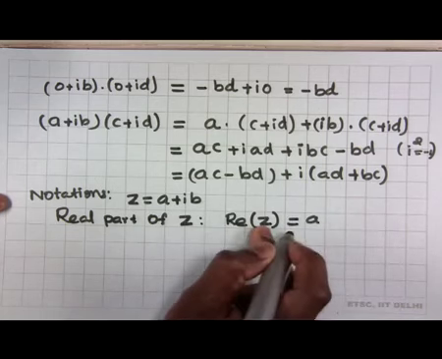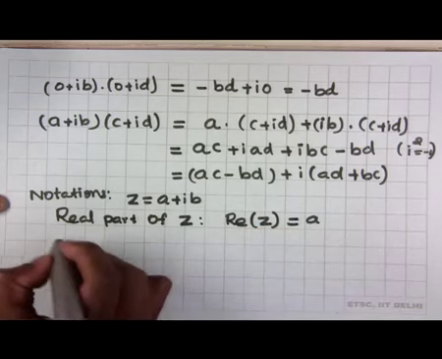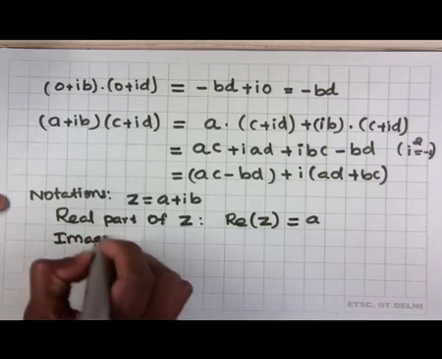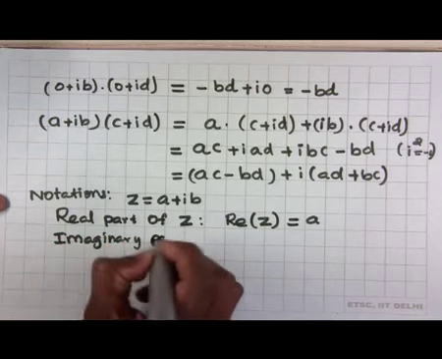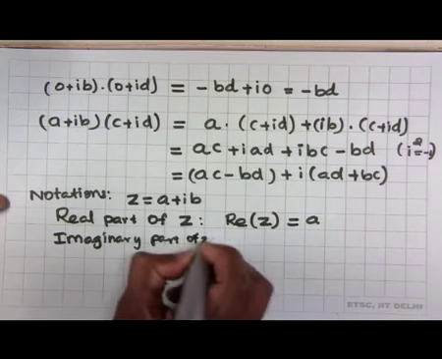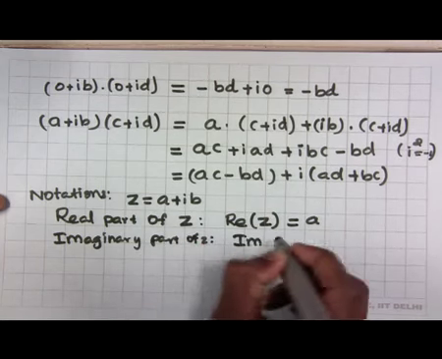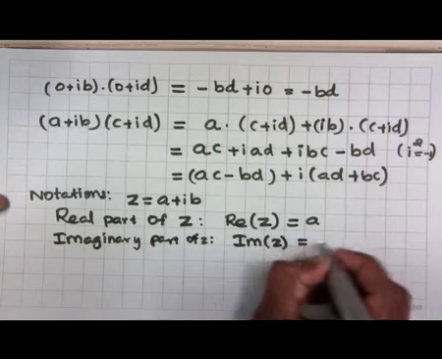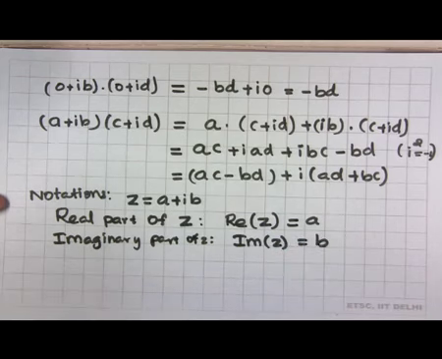So, the real part of z is a, and the imaginary part of z, for which we use the notation Im z, is b.